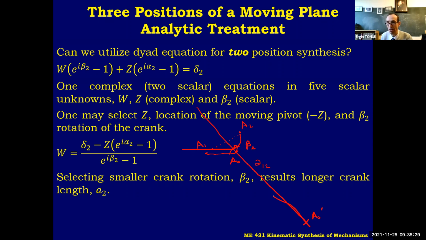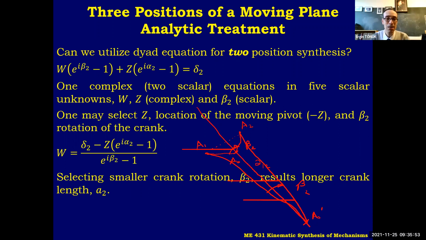You see, I'm sorry, I can't draw lines with the tablet, and it keeps snapping again. You see your beta 2 would be smaller. So you have the same property in graphical analysis, okay?